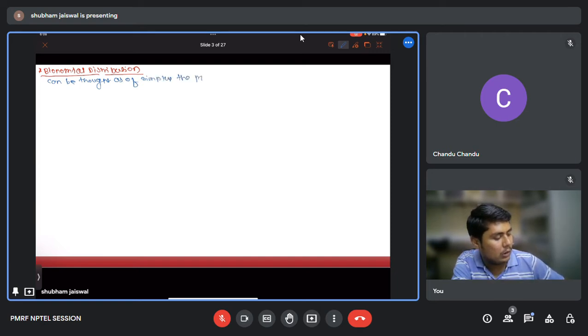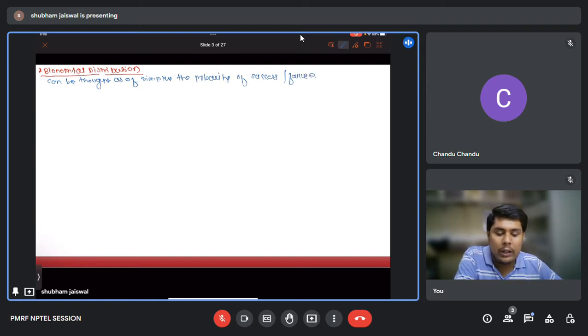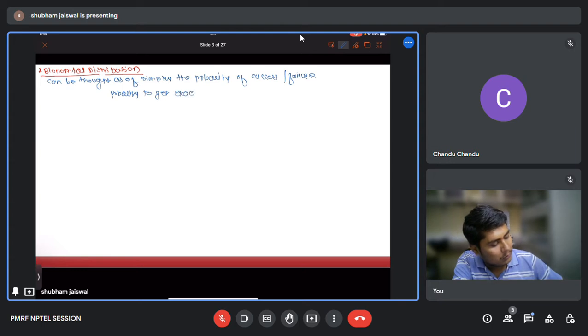The PDF, that is the probability to get exactly k successes, is given by the equation P of X equal to k equals nCk, P to the power k, times 1 minus P to the power n minus k, where P is the probability of success and 1 minus P is the probability of no success.